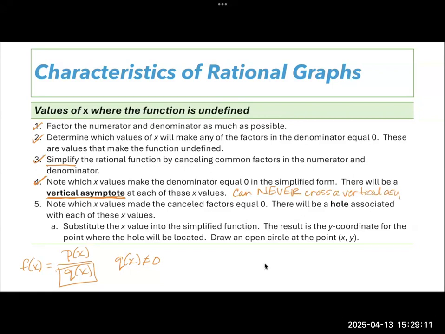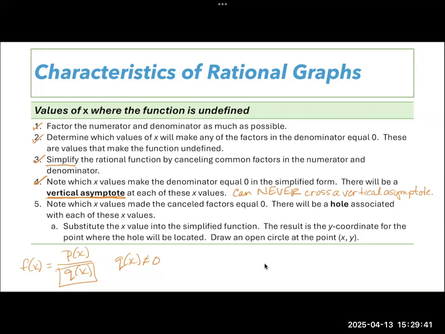Because if your graph crosses this vertical asymptote line, what you are saying is there is a value of x that will give you a value of y that will give you a point on this graph. But you've just identified that value of x as making the function undefined. So if you draw a vertical asymptote, you can never cross over vertical asymptotes.